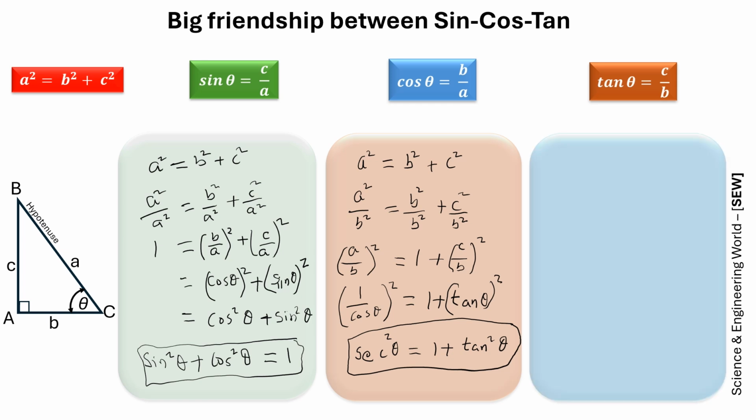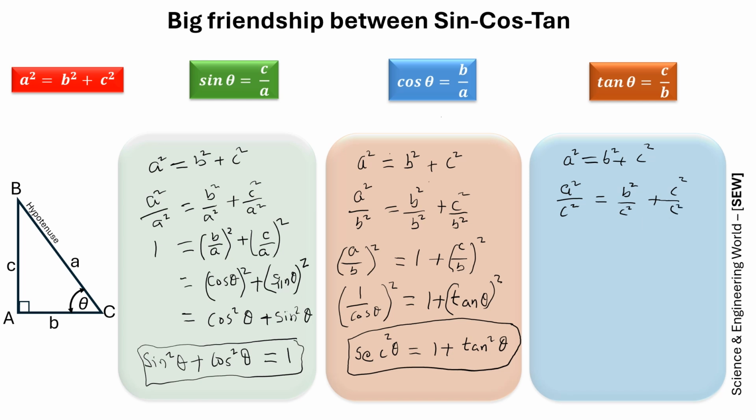The third one, again, we bring in the Pythagoras theorem expression: a squared equals b squared plus c squared. Now we've divided by a squared and then we've divided by b squared. Let's use c squared this time to divide. So we have a squared over c squared equals b squared over c squared plus c squared over c squared.